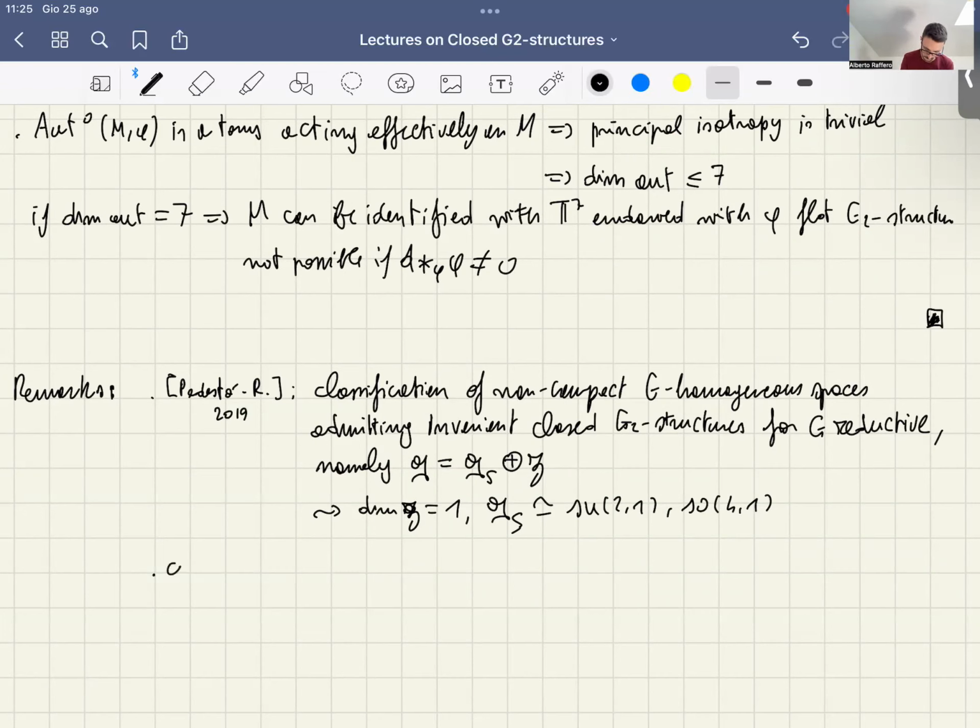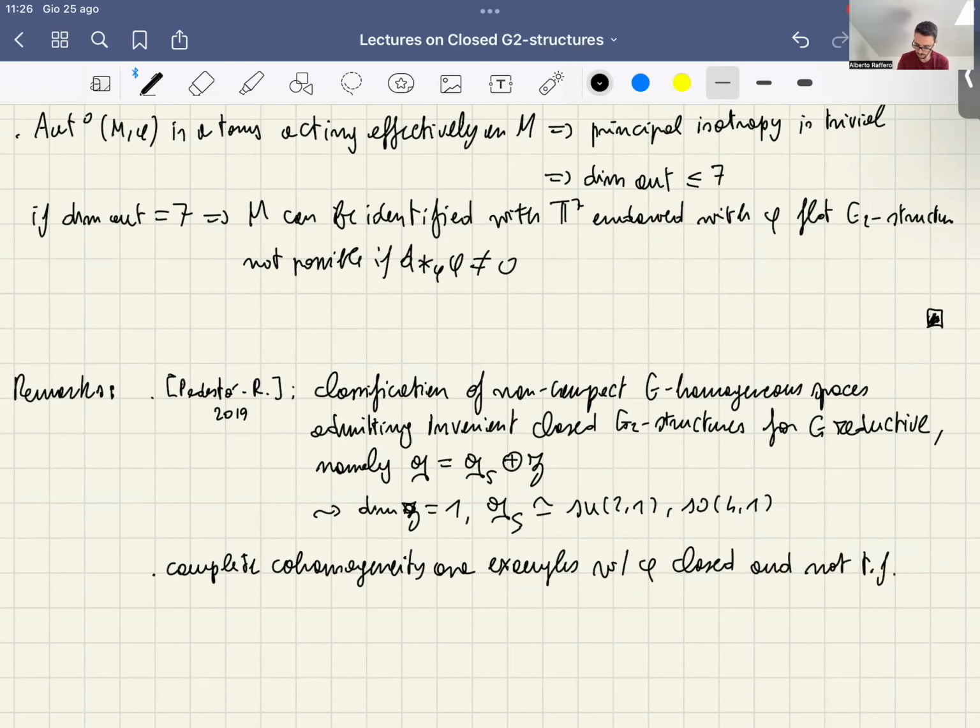Moreover, in the cohomogeneity 1 case, we have some complete cohomogeneity 1 examples, with phi closed and not torsion-free, that were obtained by Cleyton and Swann in 2002.